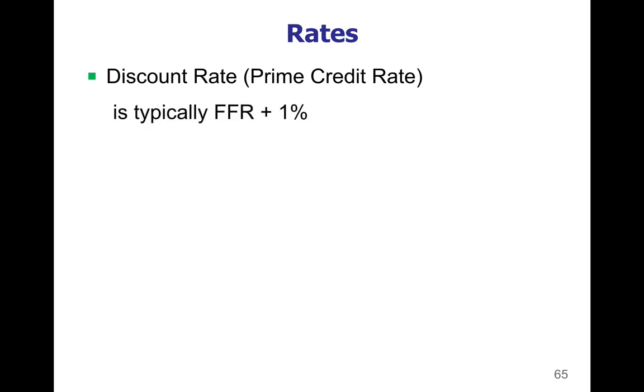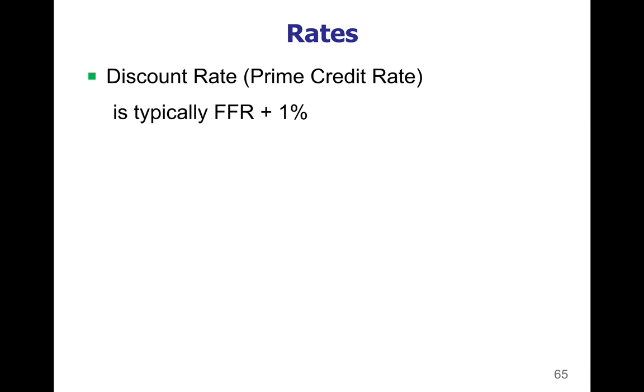So there are various types of rates when you decide to go to a bank, and you can go onto the website for the bank that you bank at right now, and your bank will tell you what their various interest rates are on savings accounts, or if you want to borrow money to get a car loan or a home loan. We've talked about the discount rate. The discount rate is the rate at which banks borrow from the Federal Reserve.